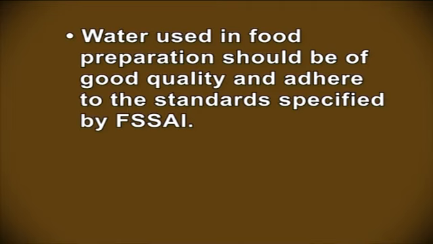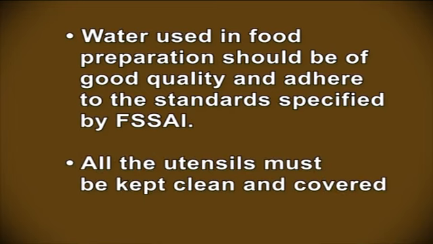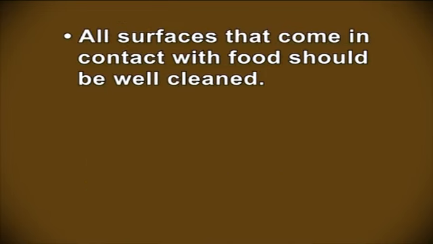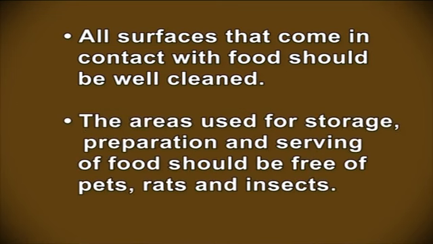Some of the general principles for preventing food contamination are: water used in the food preparation should be of a good quality and adhere to the standards specified by FSSAI. All the utensils must be kept clean and covered. All surfaces that come in contact with the food should be well cleaned. The area used for storage, preparation and serving of food should be free of pests, rats and insects.